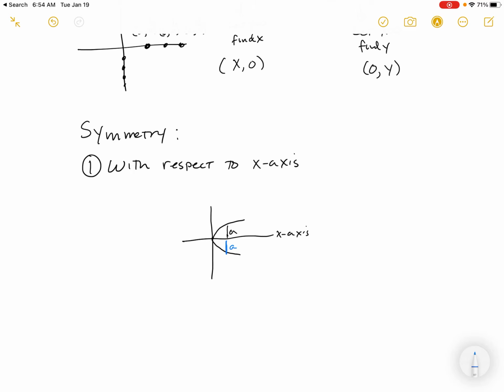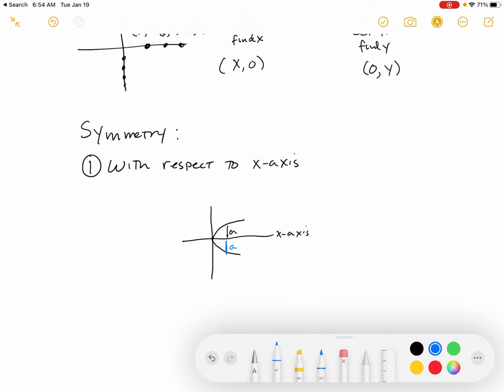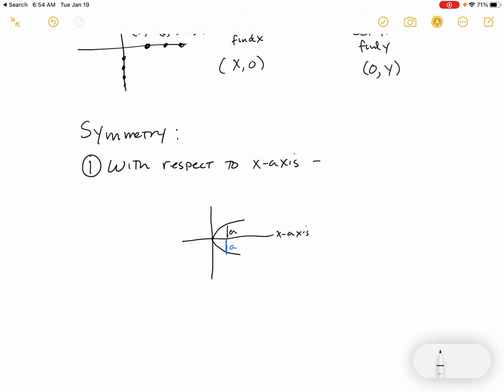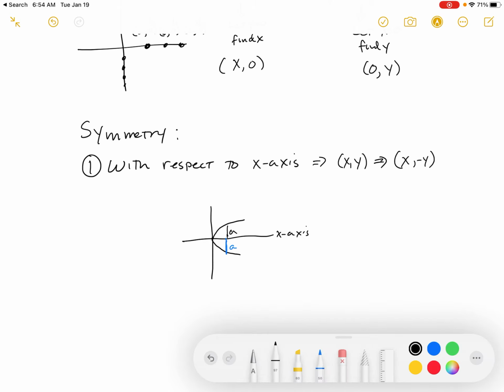So if you go out a certain x distance, what makes a difference here and why these are connected like that is because the x was the same. So essentially this is how they're going to define x-axis symmetry, and it makes sense based upon the picture, that if (x, y) is on the graph, then that implies (x, negative y) is on the graph, right? Because that's what this point would be up here.